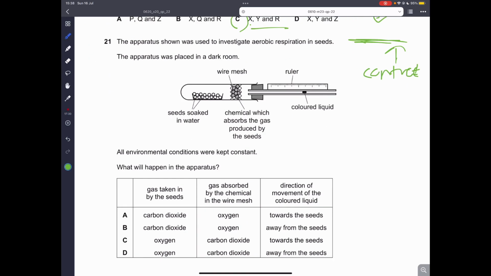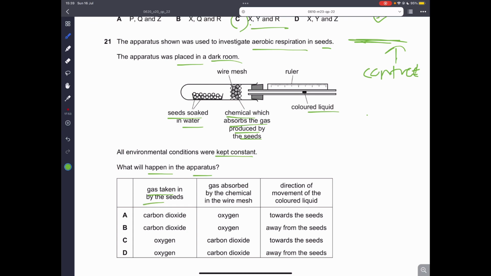Question 21. The apparatus shown was used to investigate aerobic respiration in seeds. The apparatus was laid in a dark room. Okay, we see the seeds sitting in water, a chemical which absorbs the gas, and a colored liquid. All environmental conditions were kept constant. What will happen in the apparatus?